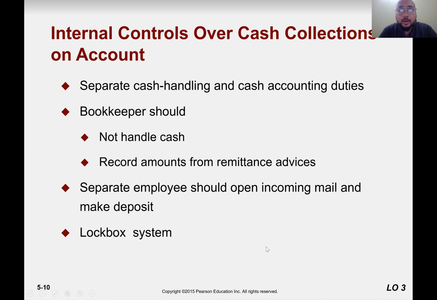So internal control over cash collection on account, like I told you, it can be served as a control account. How? Because you know that cash is involved in accounts receivable, because you sell goods on credit, and money is yet to be received.